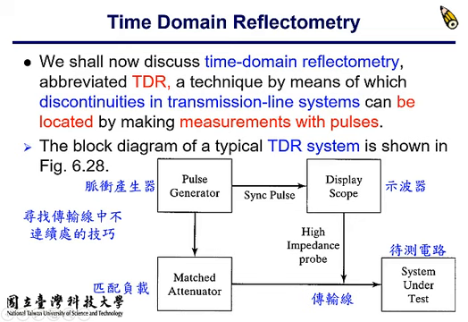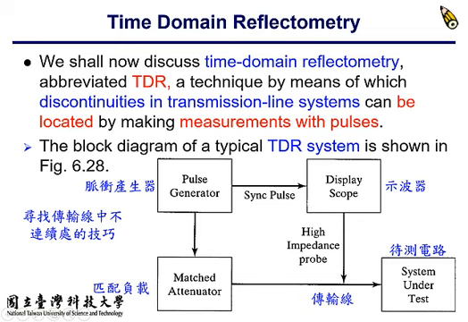That is the oscilloscope. So the oscilloscope is a time domain machine showing the voltage, mainly the voltage signals going on the transmission line. So it has a high impedance so that the probing of the scope will not affect the signal that goes within the transmission line system. And here is a match attenuator.